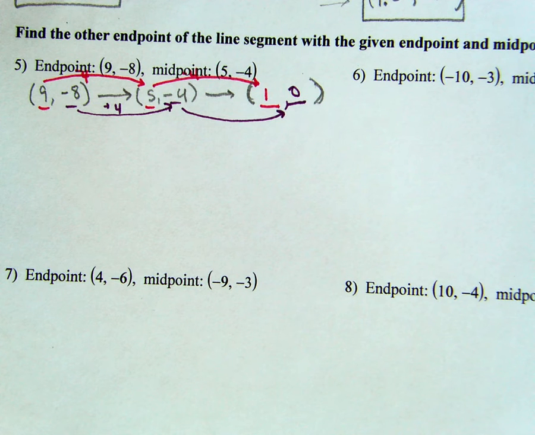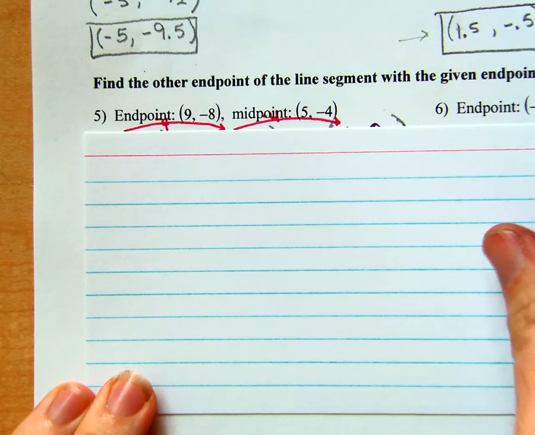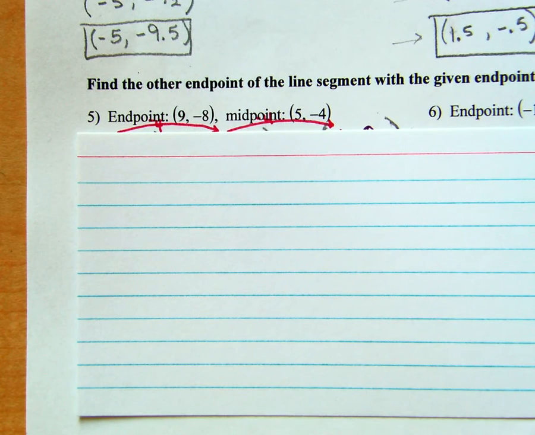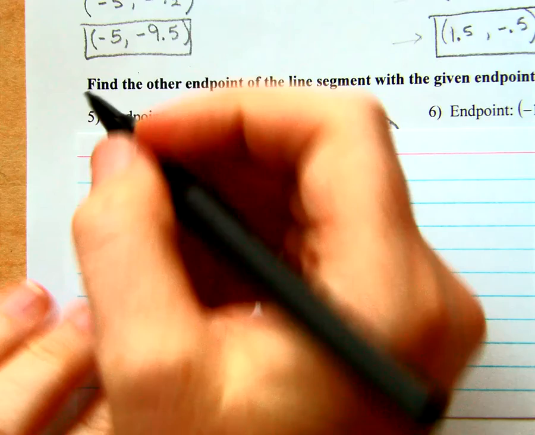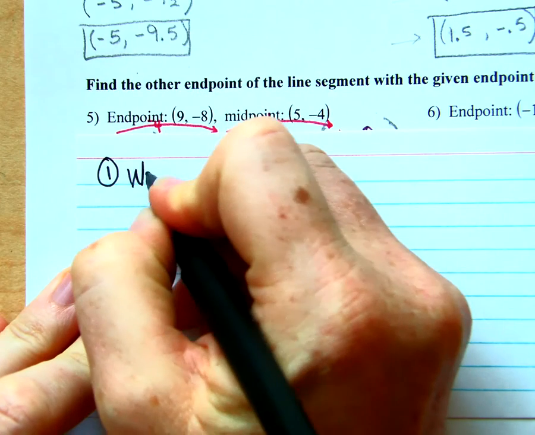This is kind of a concept that's confusing for people, so I told you can use algebra. You absolutely can use algebra. So if I wanted to write steps on how to find this, the first thing I'm going to want to do is write my midpoint formula.